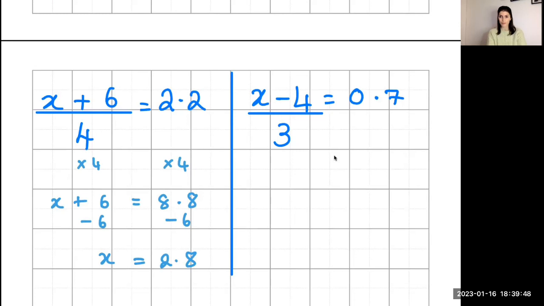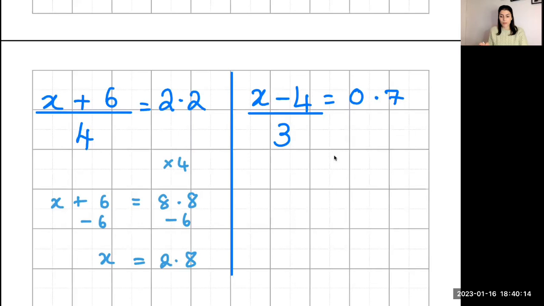Go ahead, Fatima. So the only reason why I put times by 4 on the left-hand side is to show that what you do to one side, you do to the other. But actually, in fact, all you're really doing is you're going to times 2.2 by 4.